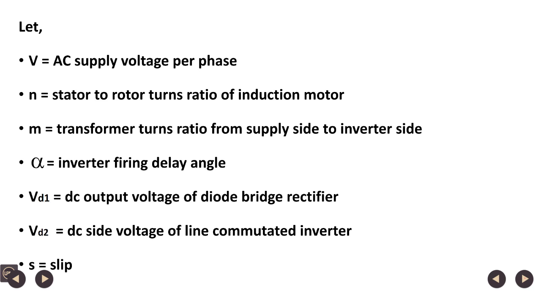So, let us assume V is the AC supply voltage per phase, N is the stator to rotor turns ratio of the induction motor.